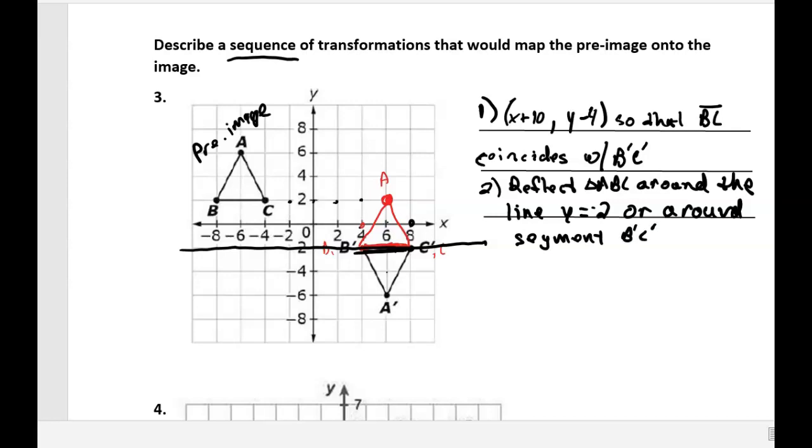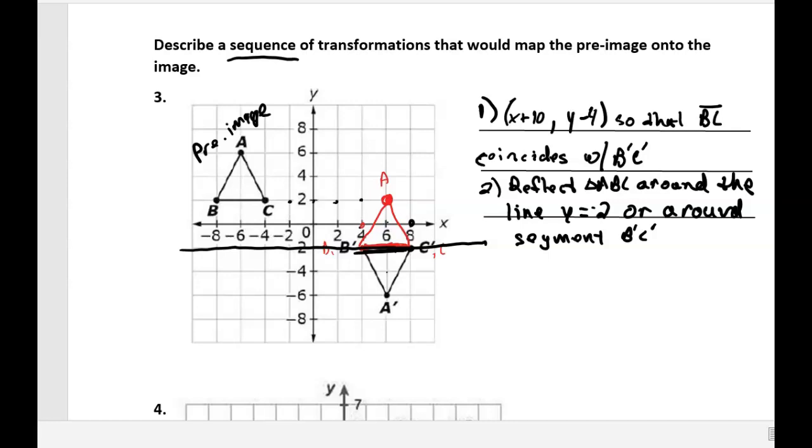If we just took it there, that's the segment where the segment lies. We could say we're just going to reflect it around that segment. That keeps B on top of B prime, C on top of C prime, takes A, moves it down to A prime. So that's our sequence. In this case, it's 2. We do a lot with 2. I would probably at some point give you a 3, but in this case, we can get the pre-image over to the image in those 2 moves.